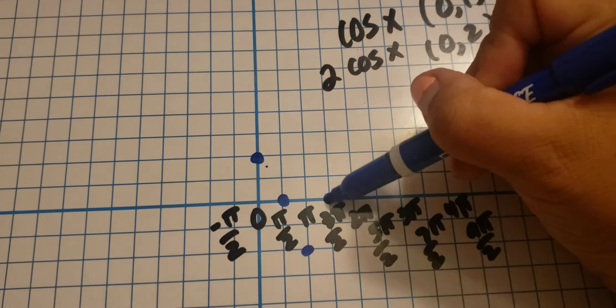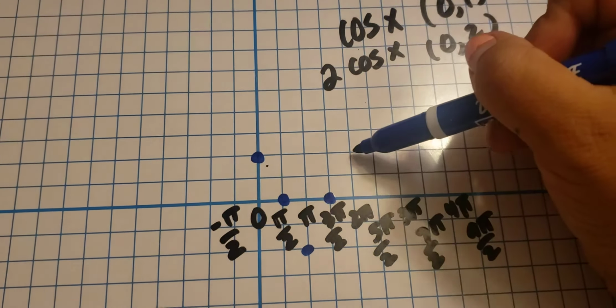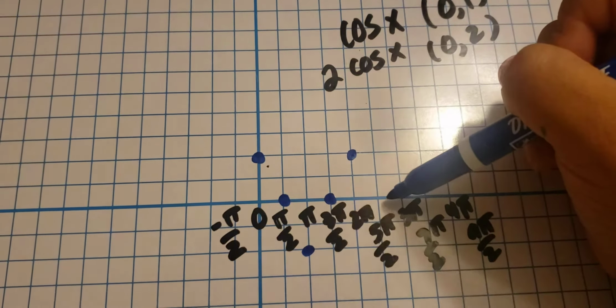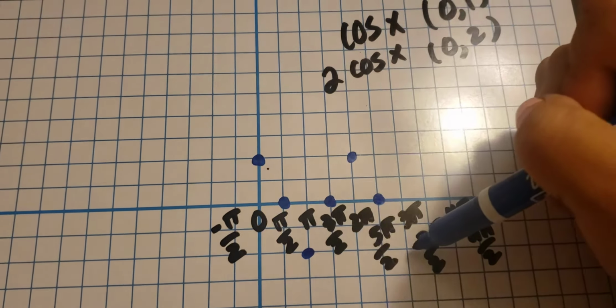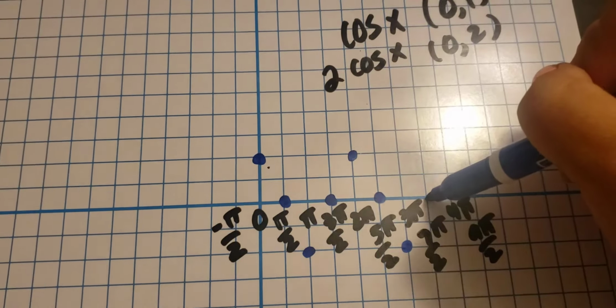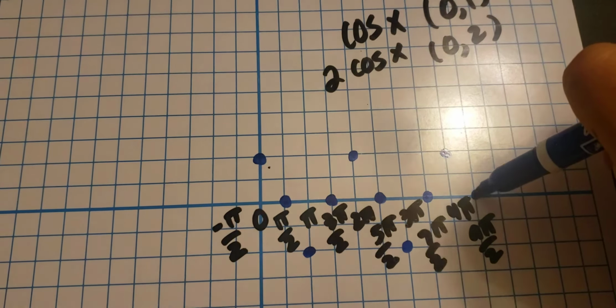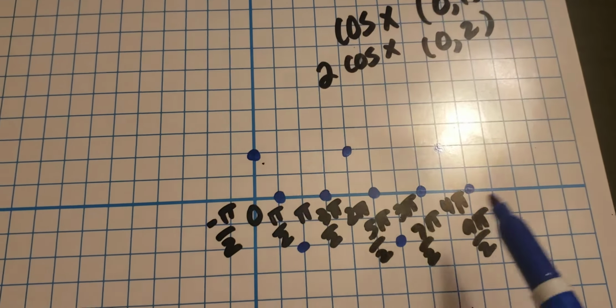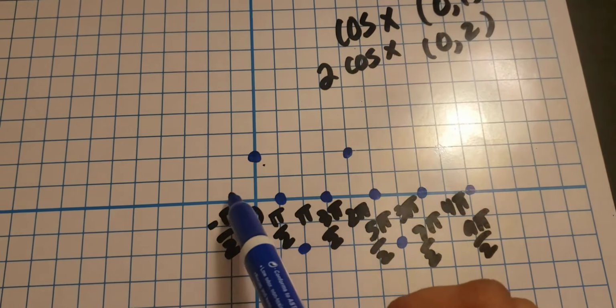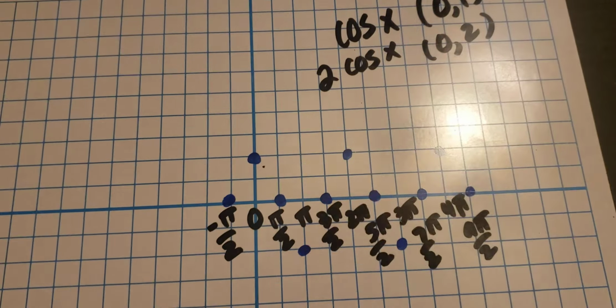So x-intercept, and then maximum, and then x-intercept, and then minimum, and then x-intercept, and then maximum, and then x-intercept, okay? And then over here, it'll have an x-intercept.